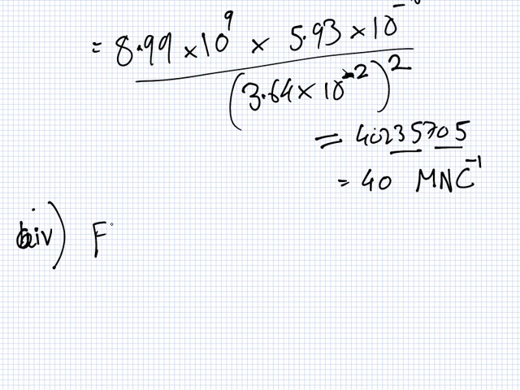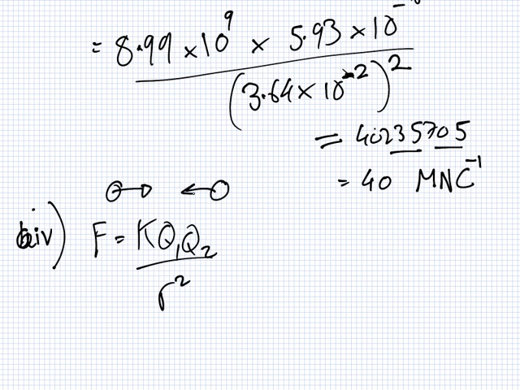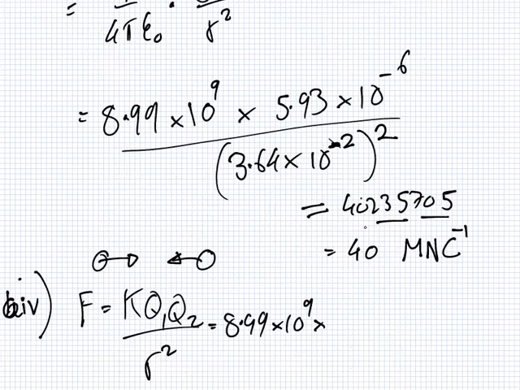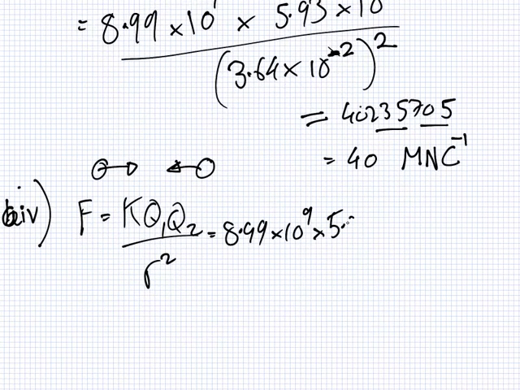So the formula is k Q1 Q2 over r squared, which is 8.99 times 10 to the 9 times Q1, we said, 5.93 micro. And what's the other one that they gave us? 9.95 micro.